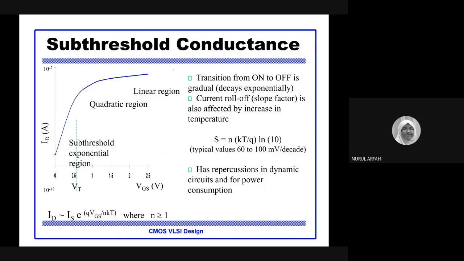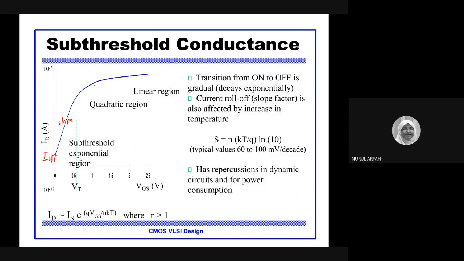So for the sub-threshold conductance, I believe this one is a log scale, right? The drain current versus the VGS. That's why we have it like this. This is the slope over here. And this is I off.